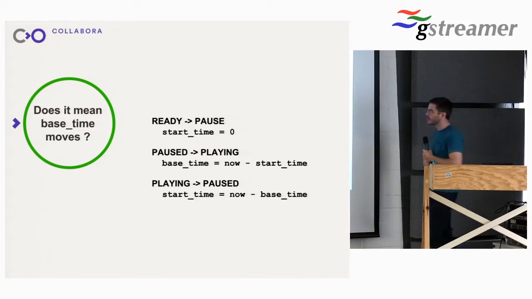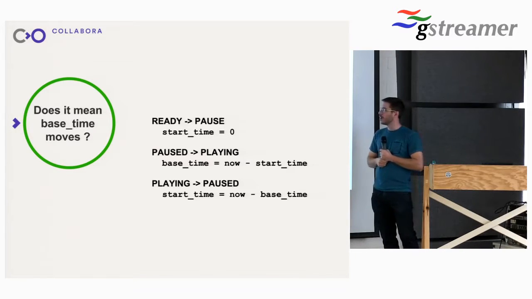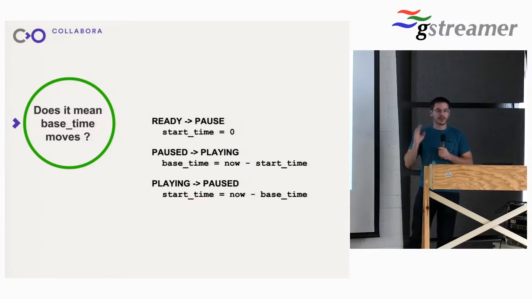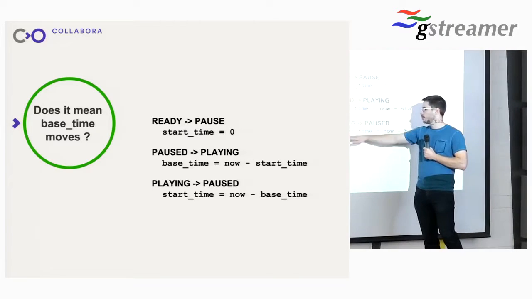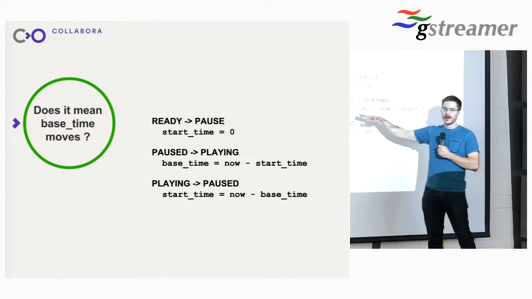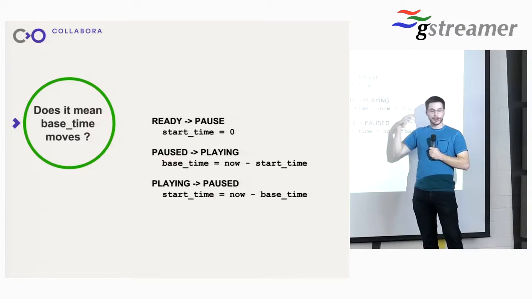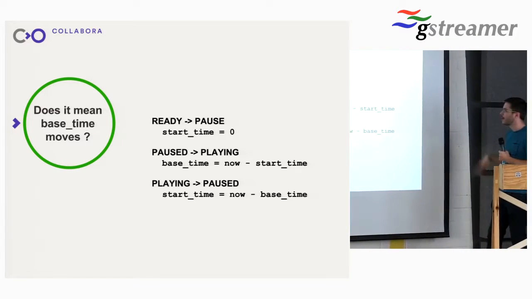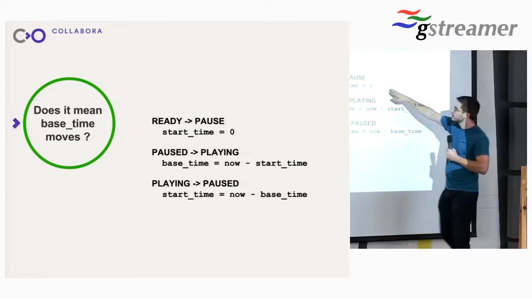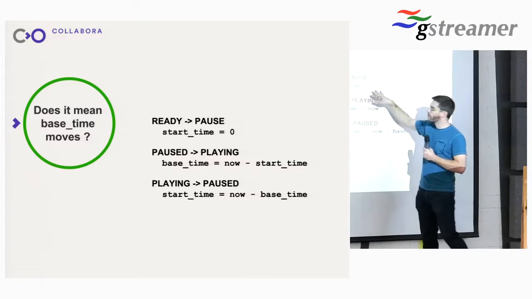Sebastian asked yesterday too, so I could expose how it works, this calculation of base time and start time. But remember one thing, the only thing that matters for you in your work most of the time is the start time. The base time is mostly the element memory. It's to be able to keep track of the running time. So when you go to pause, the start time is 0.